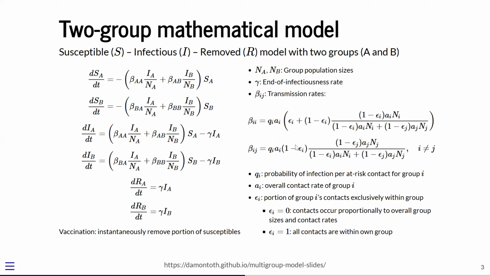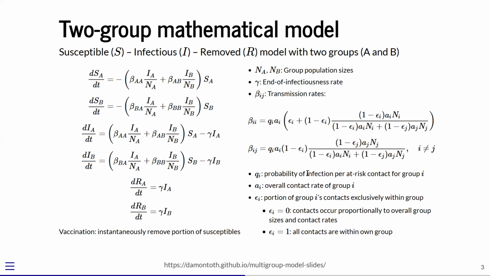And so these parameters that are in these beta equations are some of the ones whose effects we investigate as inputs. So first we have Q, which is the probability of infection per at-risk contact for group A or B. So there's a QA or a QB depending on which direction the transmission is happening in the transmission rate.